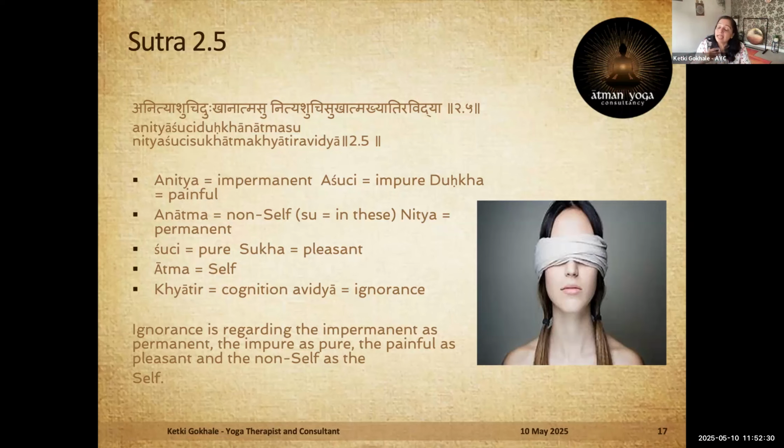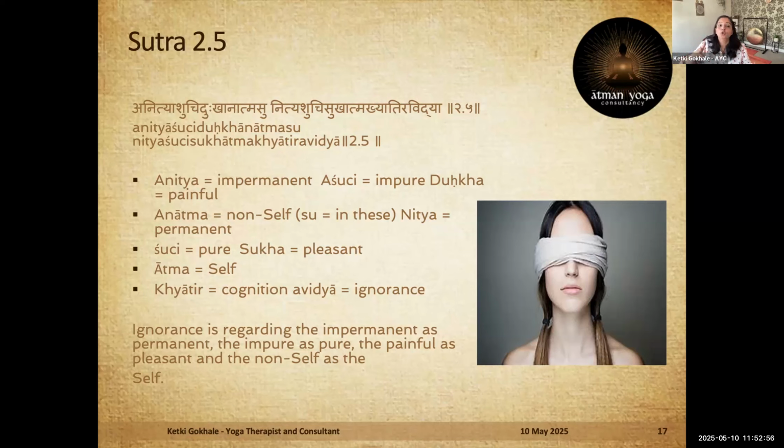Whatever is impure, ashuchi, we take to be pure. We keep on working on beautification of the body because we feel beauty lies in the body. But that is in fact impure, yet we take it as pure.